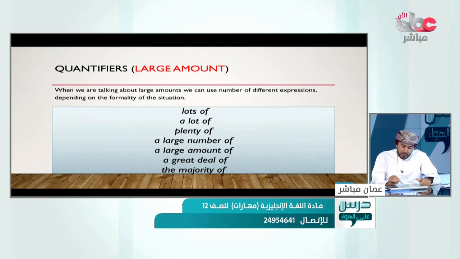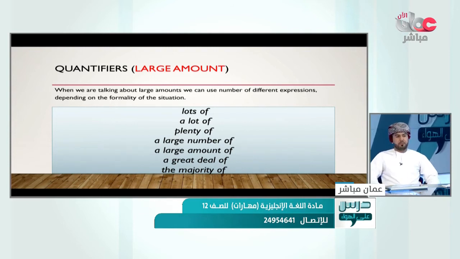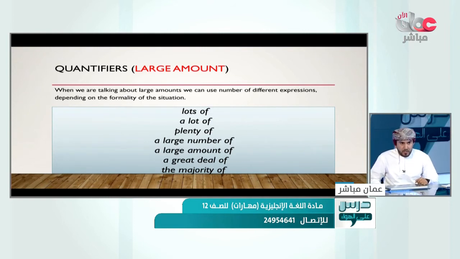Also we have a large number of, and a large amount of. Most of them can be used for both countable and uncountable nouns. And inshallah, we are going to explain more about the difference between a large number of and a large amount of.